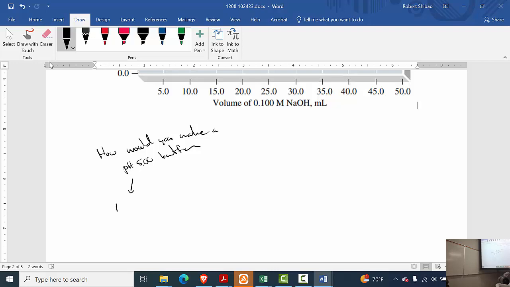One way is we can just mix acetic acid and sodium acetate together in the right ratio.